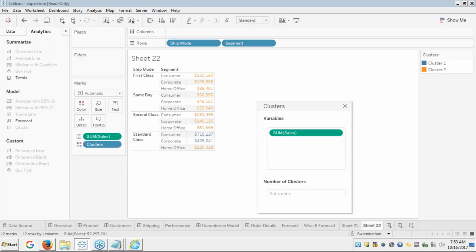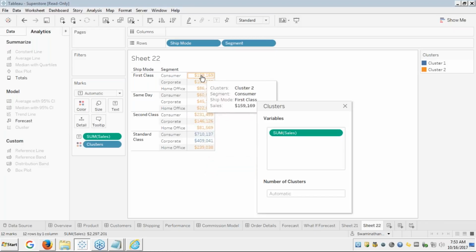Okay. So by default, friends, this is choosing my variable as sum of sales. So based on my sum of sales, it is grouping and categorizing the data into different clusters. So there are only two clusters of sales. One sales is above 409041, the other one is below 409041.